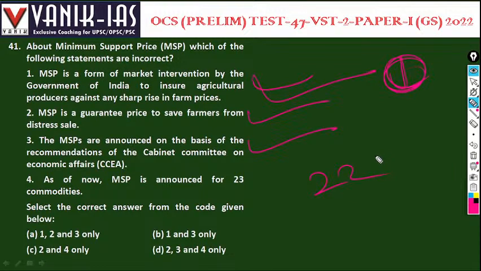Okay. So generally it is 2 and 3. The last statement says sharp rise in farm prices, but no, it should be sharp decline in the farm prices, to ensure agricultural producers are protected. Because when there is an increase in the farm prices they are already benefiting. So that is wrong. So it is usually 2 and 3. B option is right, 2 and 3 are right. There is a little printing mistake.